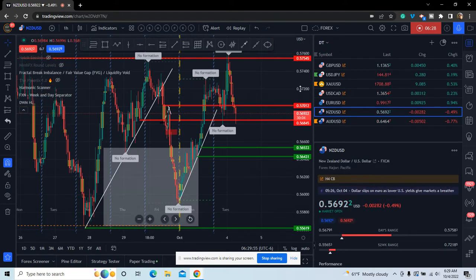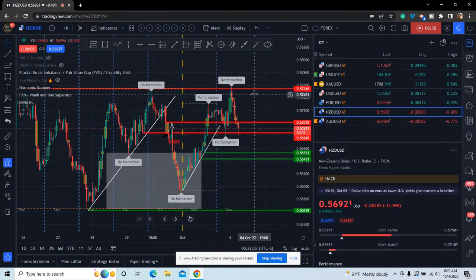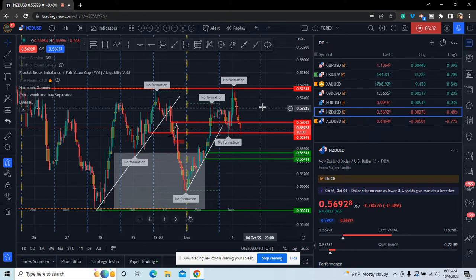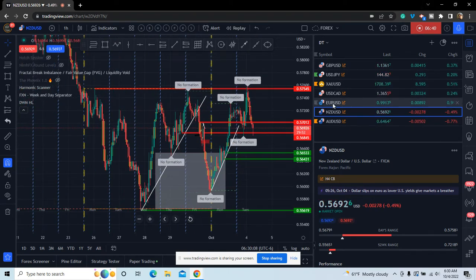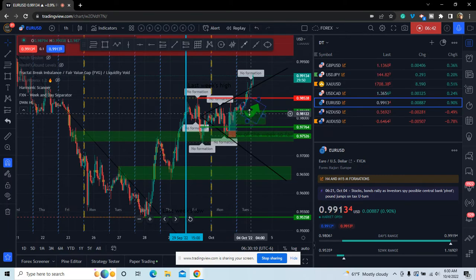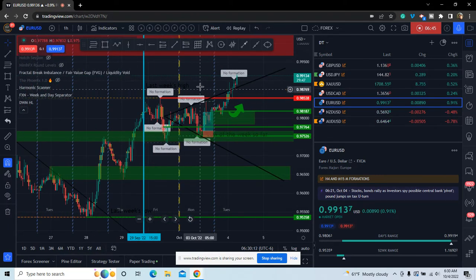We'll have the same scenario for the Kiwi. Got exactly the same formation really here. On the euro, it broke last week's high.